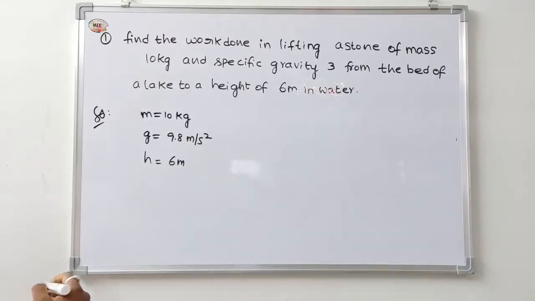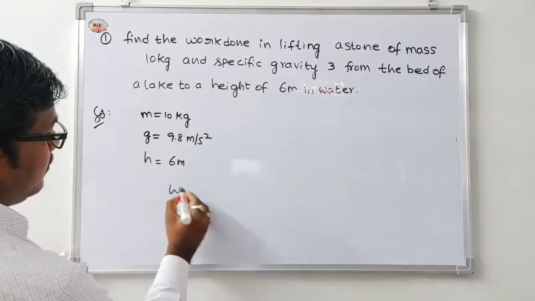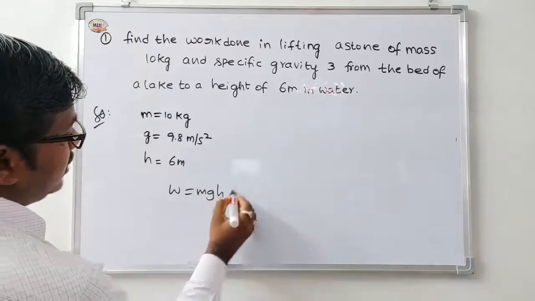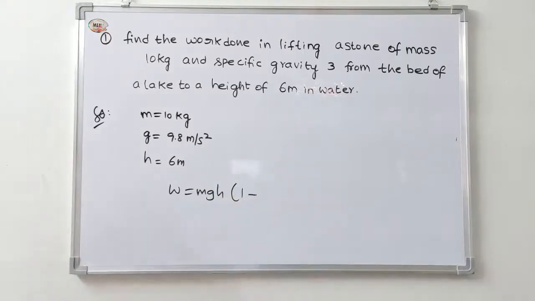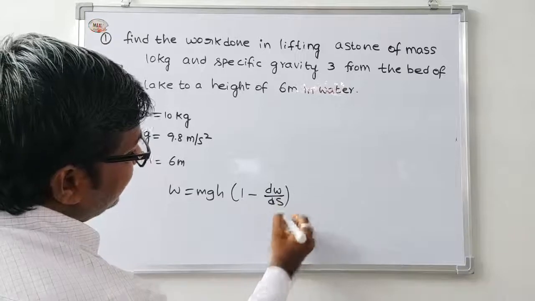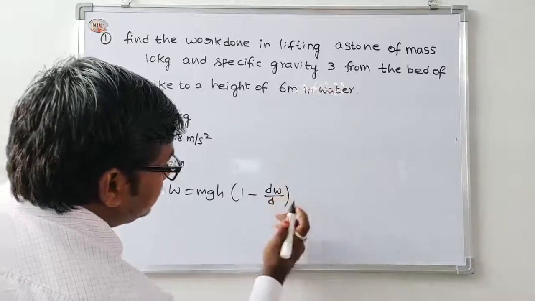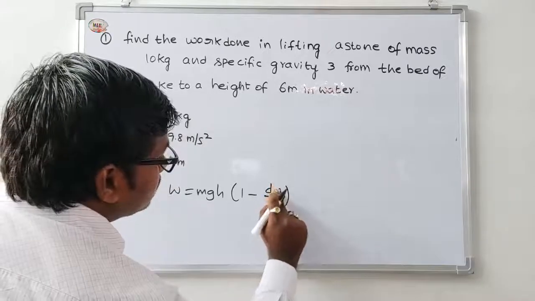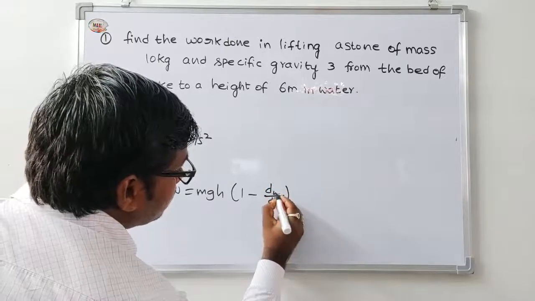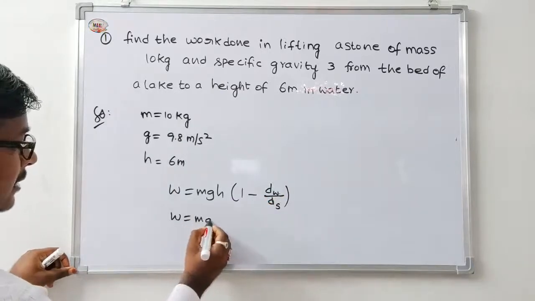The formula: the work done is equal to mgh into 1 minus dw by ds, where w is the density of water and s is the density of the stone. Then W is equal to mgh.